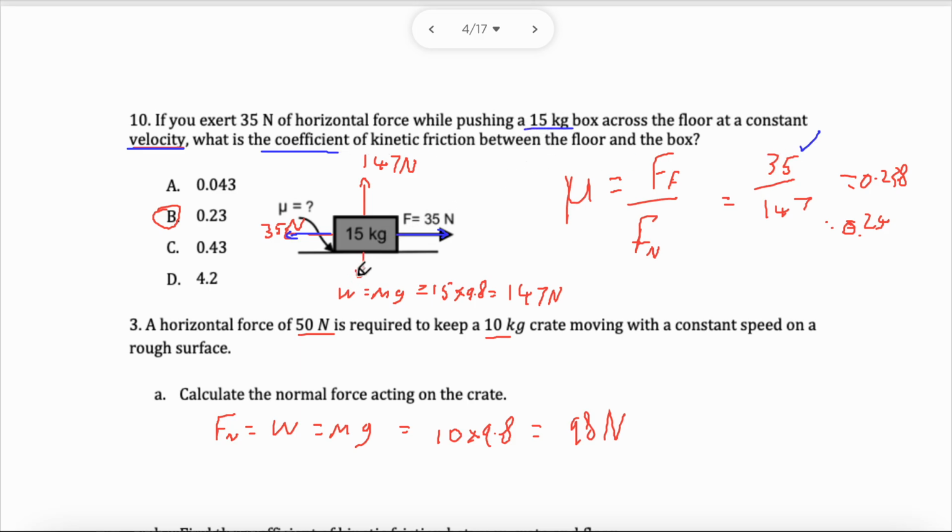Like I said before, W equals mg. 15 times 9.8, I will get 147. That means my normal force is 147. 35 divided by 147 will be roughly 0.24, but notice that the person who wrote this question didn't correctly round the answer. It should be 0.24 because it's 0.238. Anyway, the answer is B.